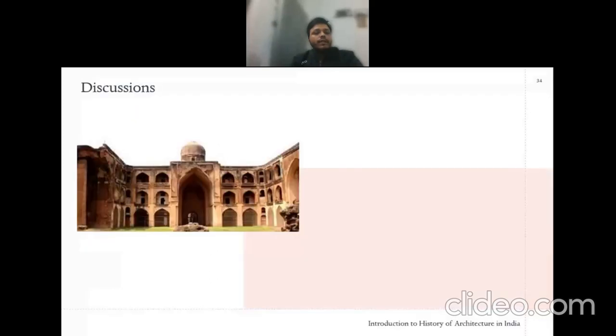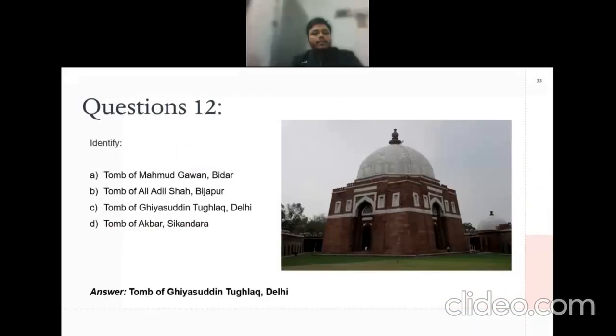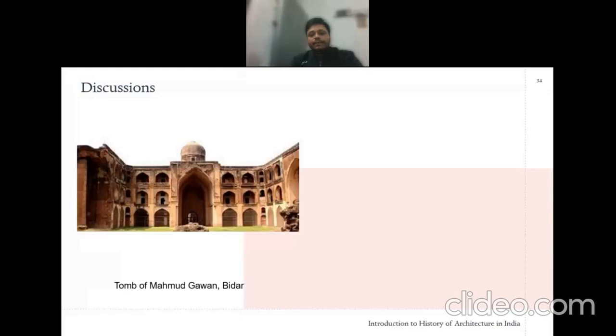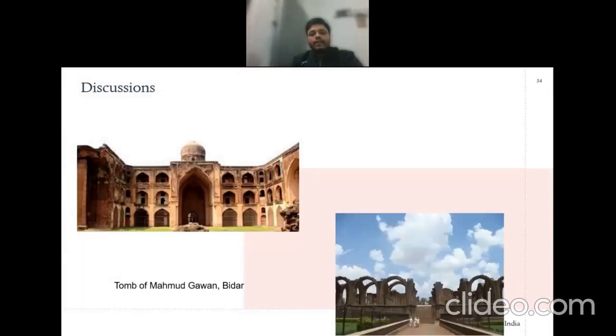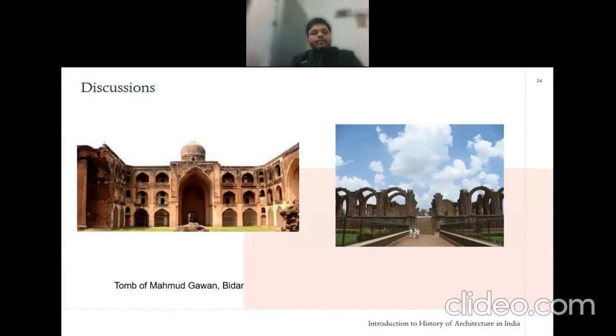So from among these, this is one of the tombs you can see. Tomb of Mahmud Gawan, option A. Okay, correct. Nice.